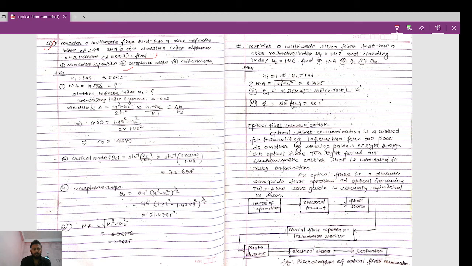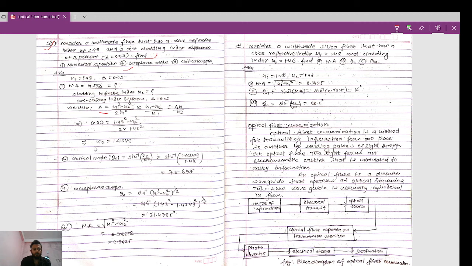Here to calculate n2 we can use the value of del as del equals n1 square minus n2 square upon 2 n1 squares, which is equivalent to n1 minus n2 upon n1, and that is also equal to delta n upon n1. Right now I have used the formula del equals n1 square minus n2 square upon 2 n1 square. The value of del is given as 0.03 and in place of n1 we have 1.48, and we have to calculate the value of n2.